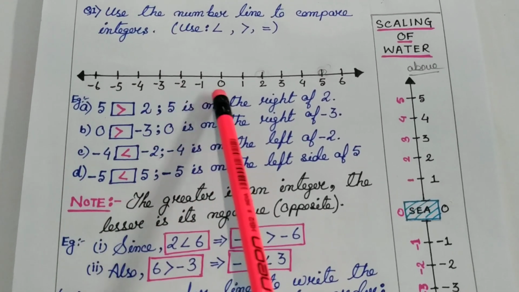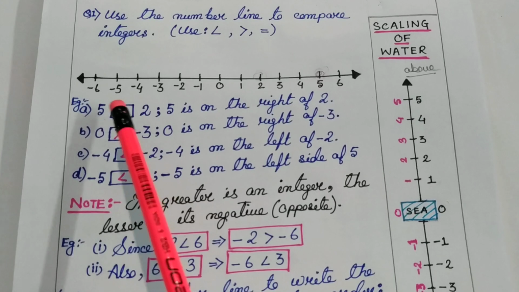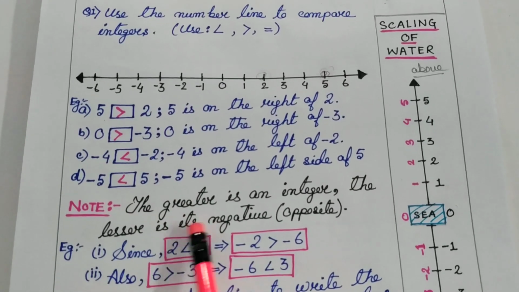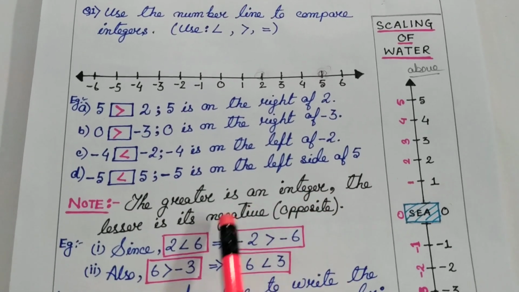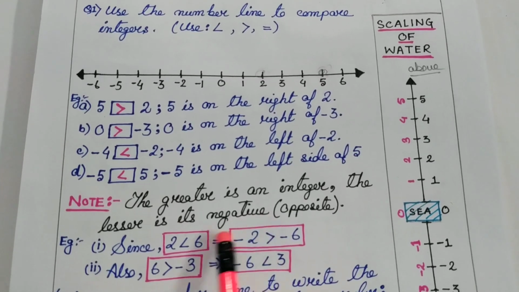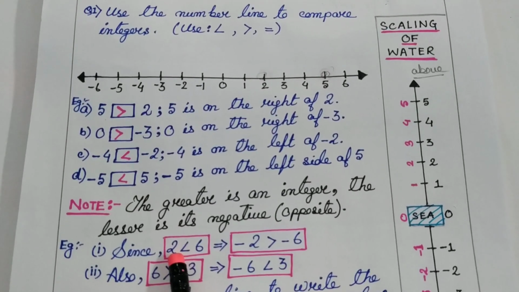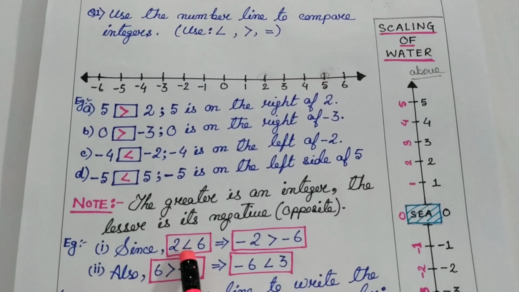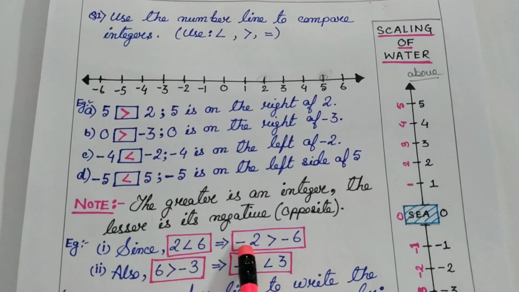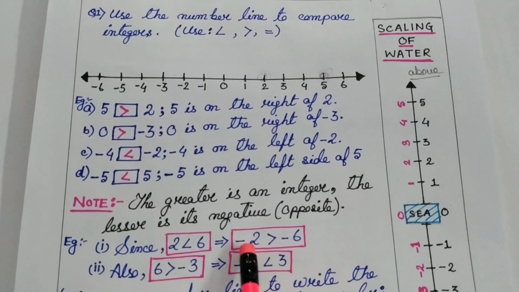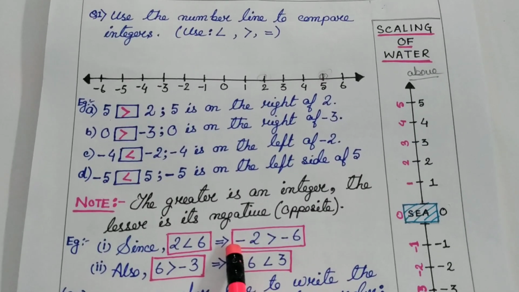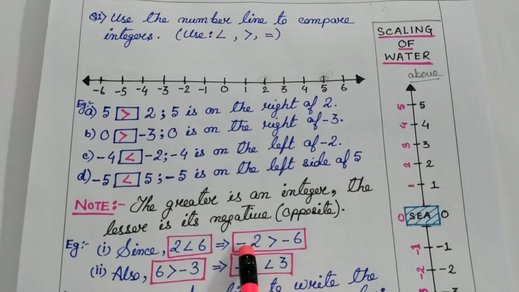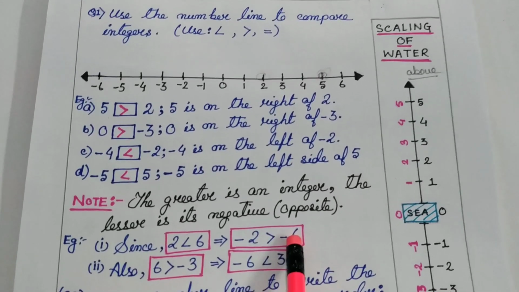Because minus 2 is closer to 0 than minus 6. Over here, the greater is an integer, the lesser is its negative. See, 2 is smaller than 6, isn't it? But whenever I put a negative sign, what happens? See, it's changed. Minus 2 became greater than minus 6.